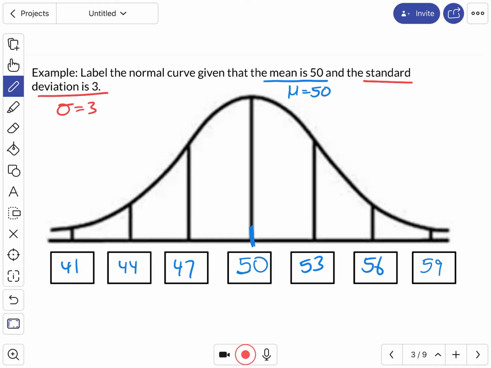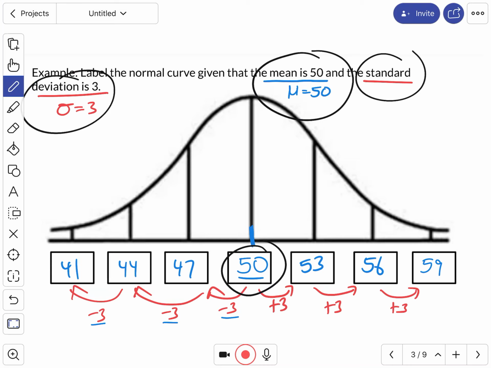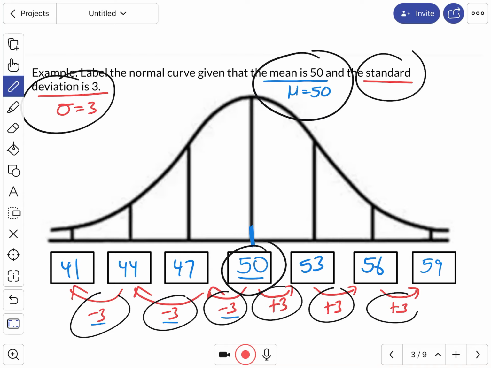But I wanted to show you all these steps here, because the minus 3 and the plus 3 is the most important thing. So you're going to start with the mean, put that value in the middle, and then whatever the standard deviation is, you add that value and subtract it to get to the rest of these boxes here on the normal curve.